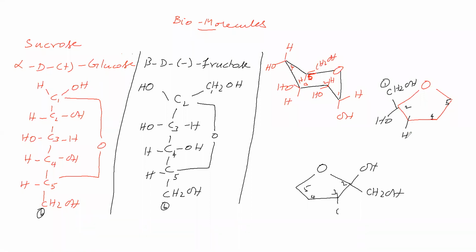Here left side you have to write it at down, but here left side you have to write it at top. In this case, C3 carbon, left side OH that we are writing top, right side down we are writing. So C4 carbon, OH right side you write at top. Here you have to write down.